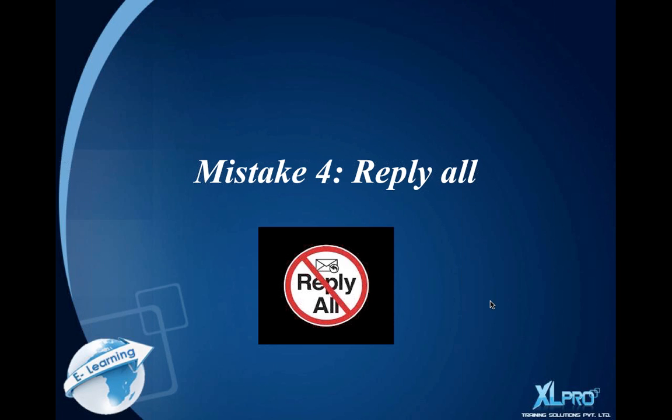Going ahead. When you talk of a reply all, imagine the first thing is you receive a mail which CCs a few people. What is the need for you to reply all? That need has to be very clearly ascertained. If your need is clear, reply all is appropriate. But almost 50-60% of the time, if you have noticed, reply all happens in email fights, ego clashes over email, which is very common in most companies.